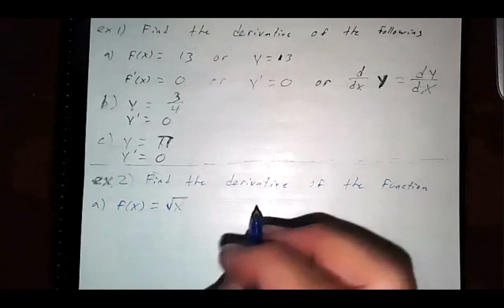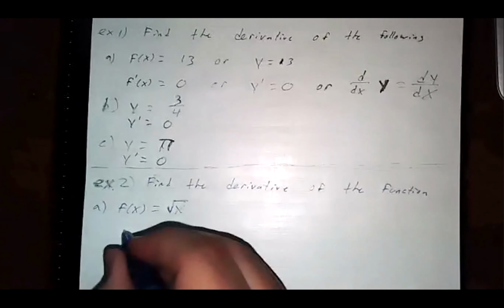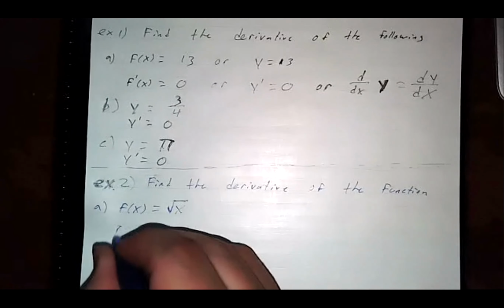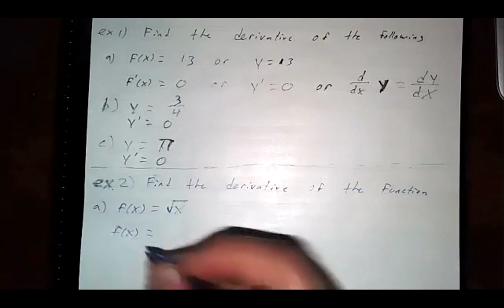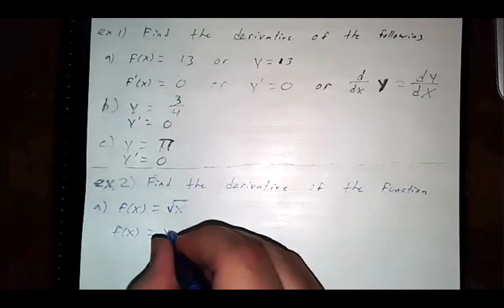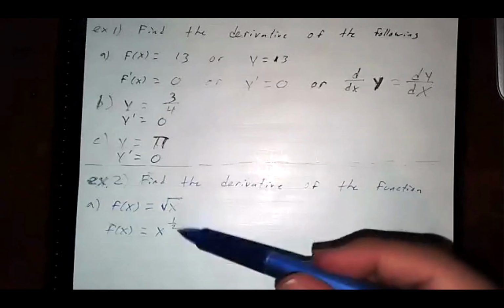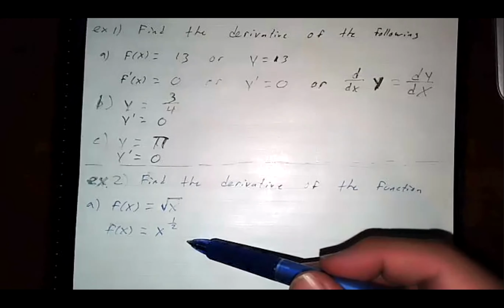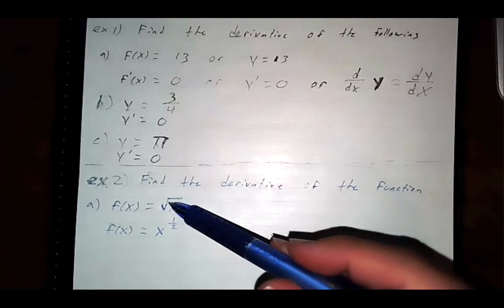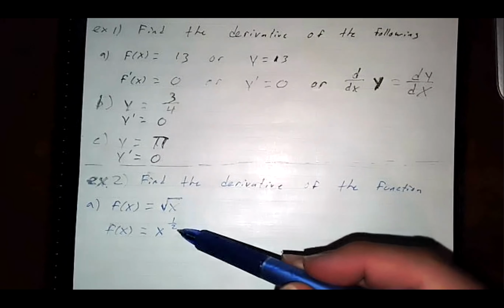So in order to do this, you're going to have to rewrite the problem as x to the 1/2 because it's a square root, right? Remember this property from algebra? If it's a square root, then it's going to be a half power.